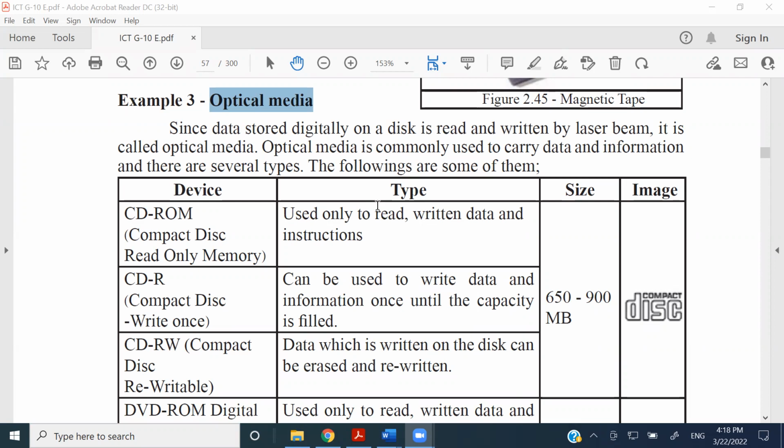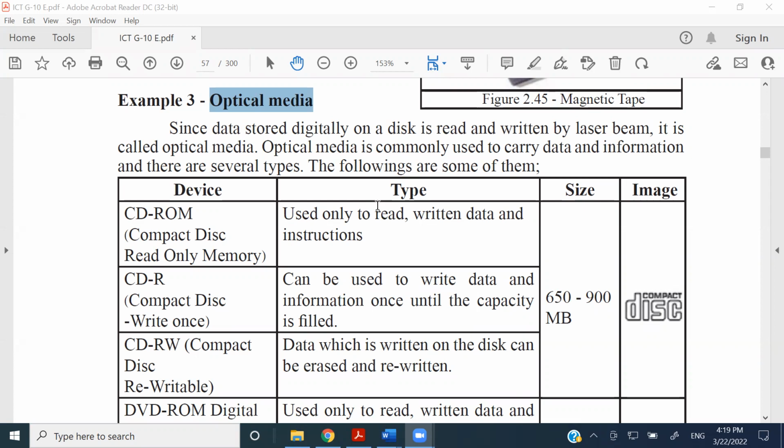All right. When it is CD-R, that means compact disk recordable, it is write once. It will only support writing just once on the disk. Of course, when we are purchasing it from the market, there is nothing inside the disk. Using a CD writer, we can write some data onto that CD just once.